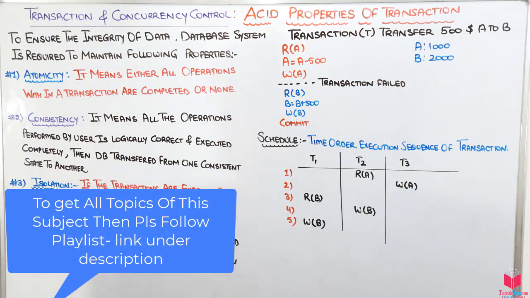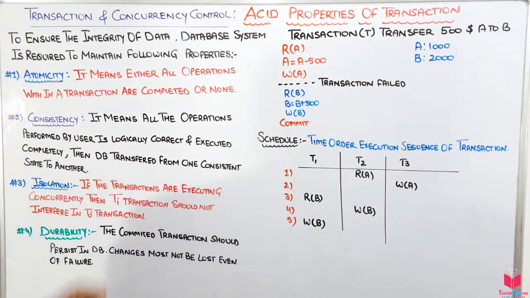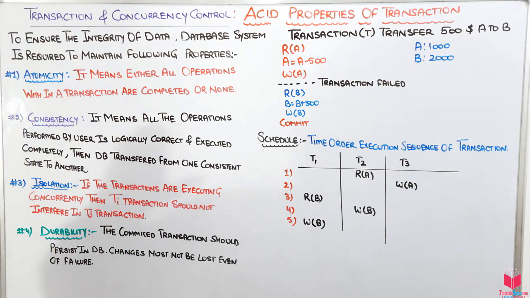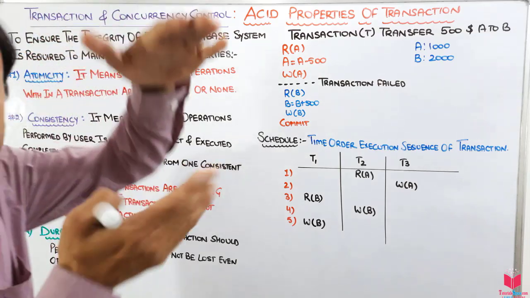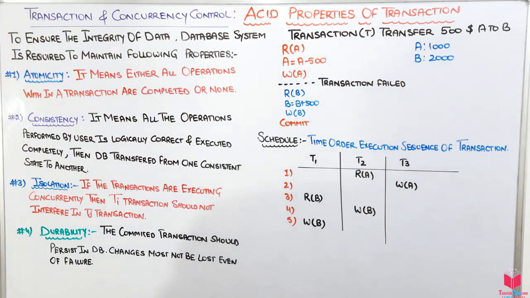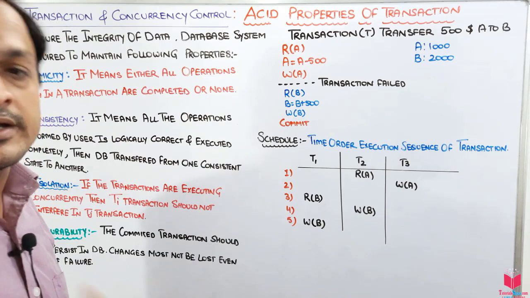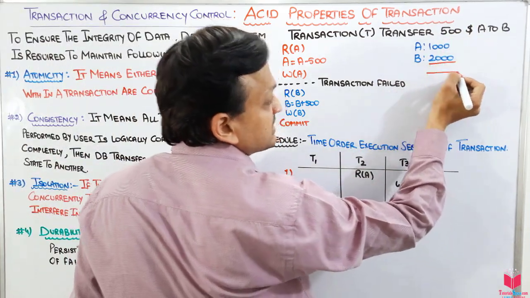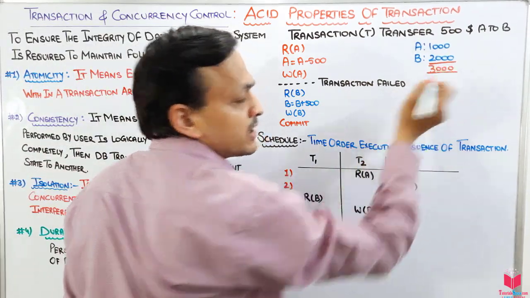Okay guys, so let's see another one. The database transfers from one consistent state to another. If we complete the transaction and it is logically correct, then the database has transferred from one consistent state to another consistent state. Suppose before the transaction the sum of both accounts is 3000.